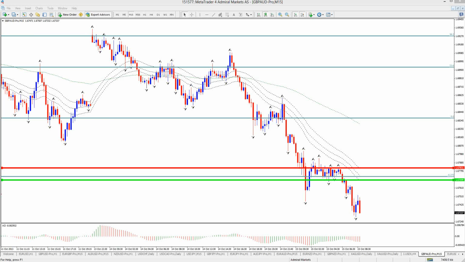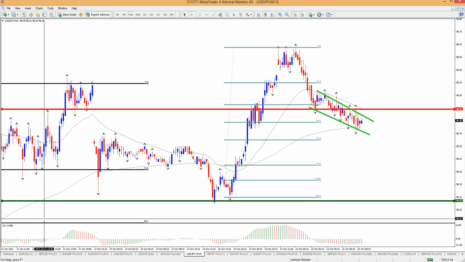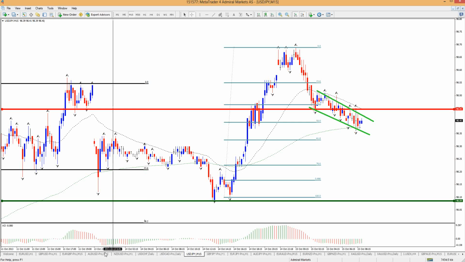Usually you enter at a break of the fractal. Why would you wait for a pullback? Let's see. I think it was, which currency was it? I think the Aussie maybe? No. Euro pound.